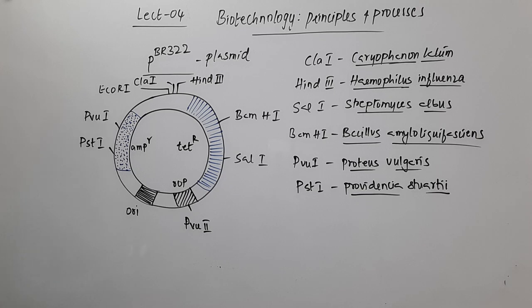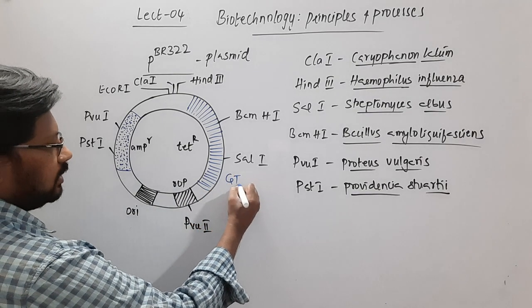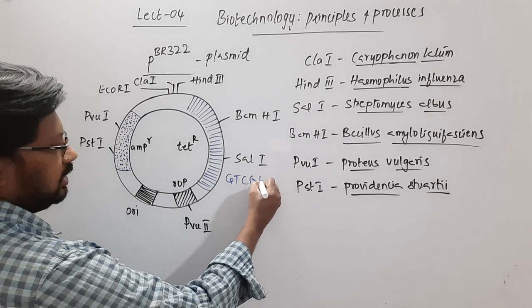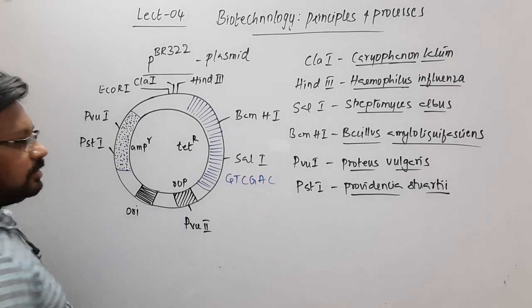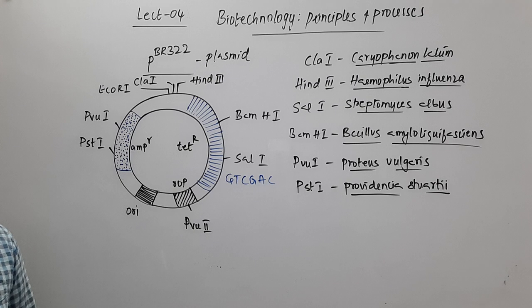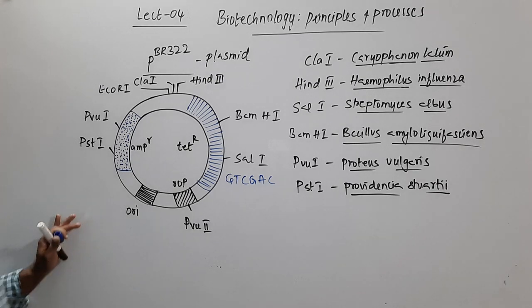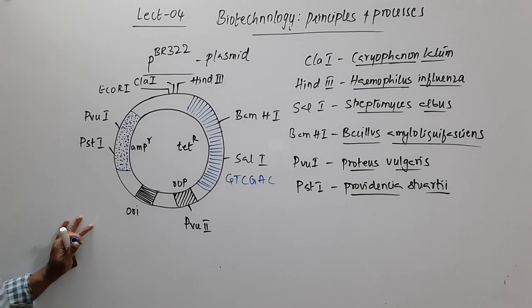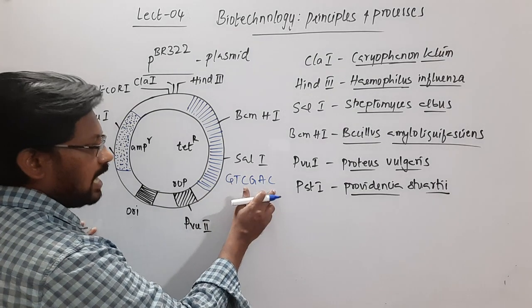In case of SalI, it will be identifying GTCGAC. This is the palindromic sequence that it identifies, and it's going to cut between the G and T.